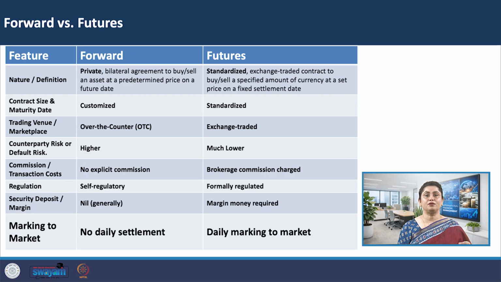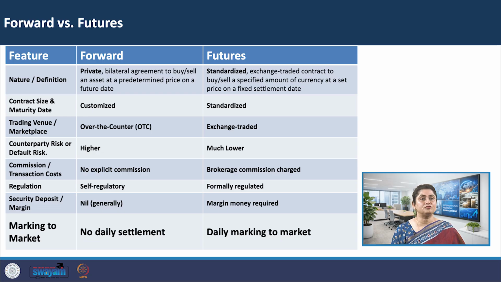Forward contracts are not settled daily. The profit or loss is calculated only on the maturity date, when the contract is finally settled. Future contracts are marked to market every day. This means that gains and losses are calculated daily based on the changes in the future prices.